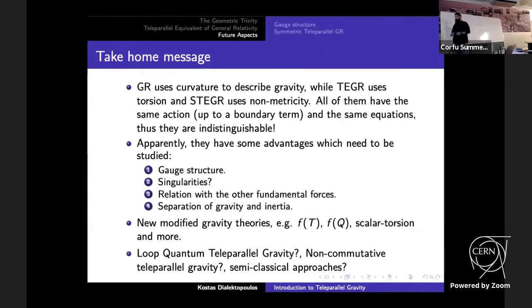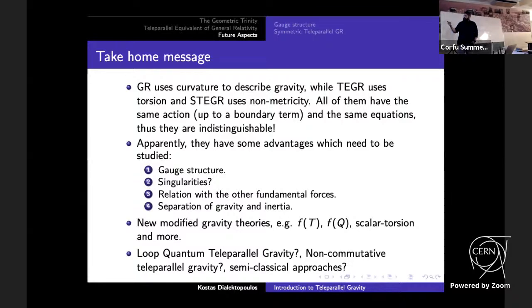Yeah, in the sense that, for example, the energy momentum tensor is defined as a gauge current, as a Noether current of the translations. Well, general relativity as a gauge theory of deformed translations cannot have, for example, such a specific definition of the energy momentum tensor.